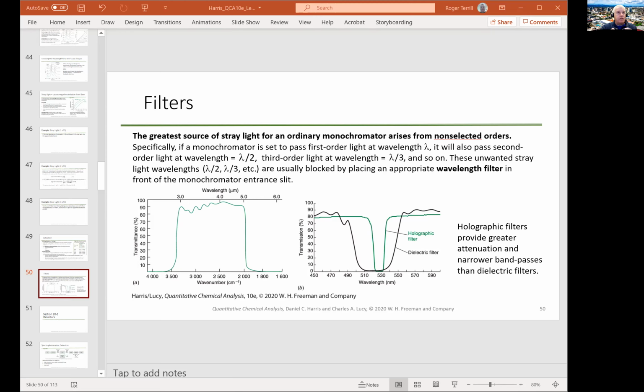There are long pass, short pass, band pass, and band reject filters. For example, when we do Raman spectroscopy, our instrument is 785 nanometers, and we need to reject 785. We irradiate with 785 and we collect, and we want to eliminate the 785 nanometer light from the light that we analyze because it's more intense, but there's no information in it.